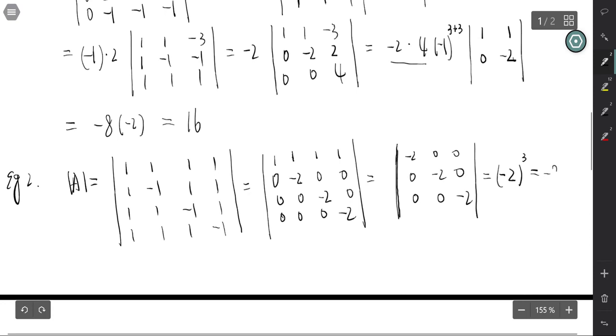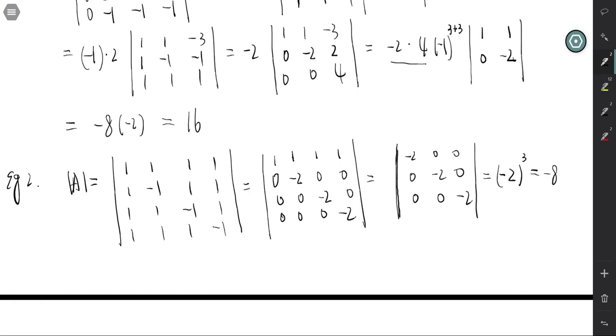So that is -8. Otherwise, we can expand the determinant row by row, and we get the result -8. That's the computation for the determinant.